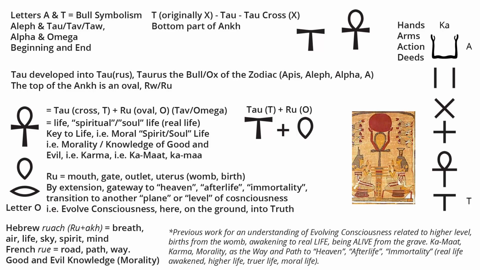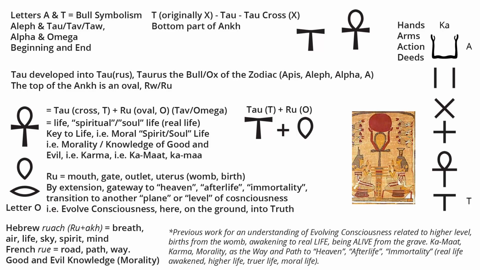You apply the infinity, the top part of the infinity, as the air symbolism, as the mouth, the gateway, the womb to higher consciousness, symbolized by the air, sun, sky, stars, and light symbolism at the top part of the cross. And when you don't have that and you just have the Tau cross, that's just the T, and there's the A to T. So the Tau developed into Taurus, the bull ox of the Zodiac.